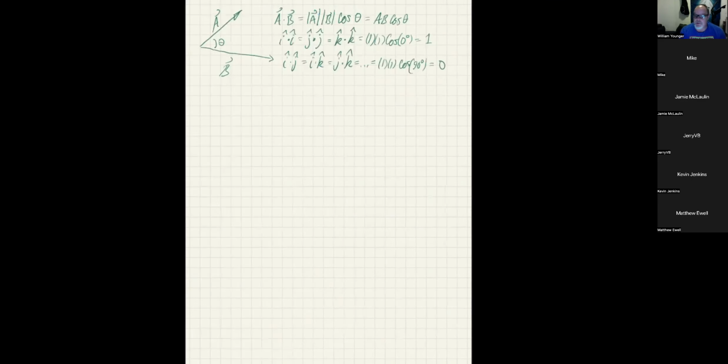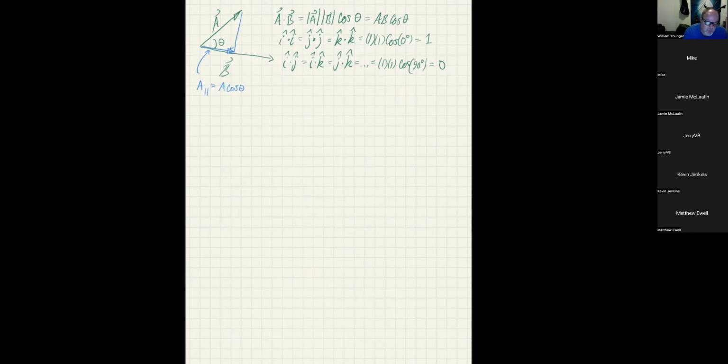So that's another version. And if you look at the diagram here, check this out. If I draw a line perpendicular to B, then I've just formed a right triangle. And in fact, this guy right here is the component of A parallel to B, and it's given by A times the cosine of theta.